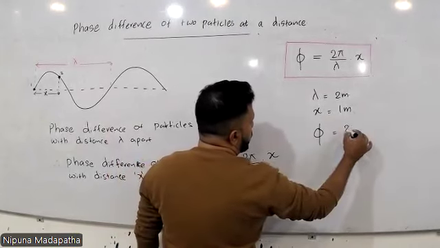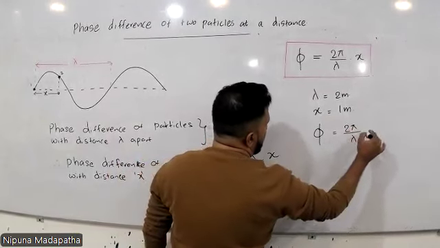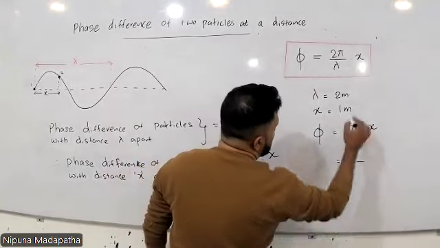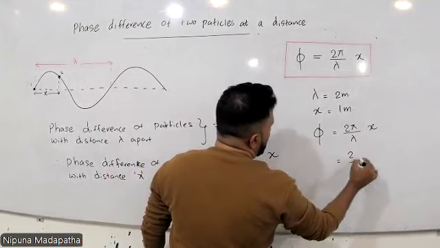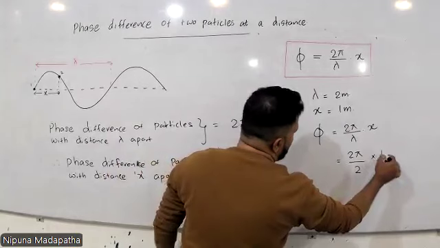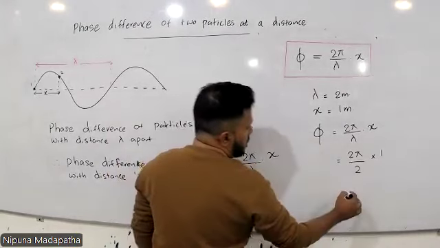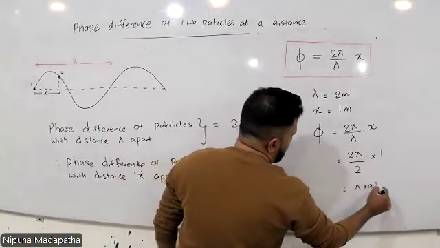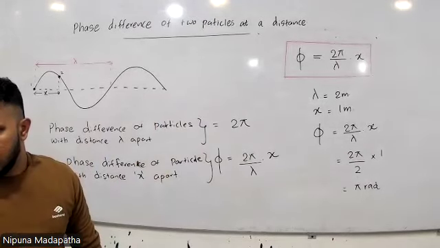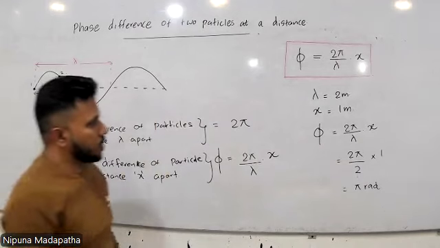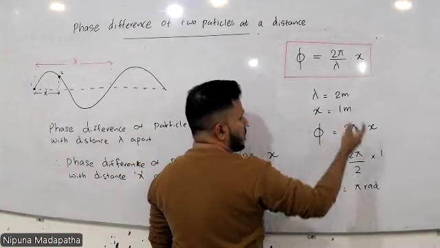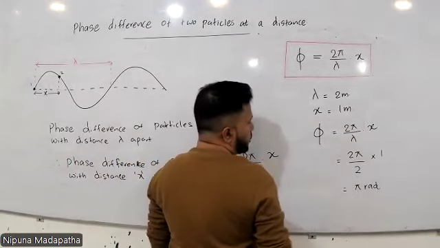2π over lambda times x is the expression. Lambda here is 2. For 2 meters, the phase difference is 2π. So for 1 meter, the phase difference is π. So the phase difference of two particles with a separation of 1 meter in this wave is equal to π.